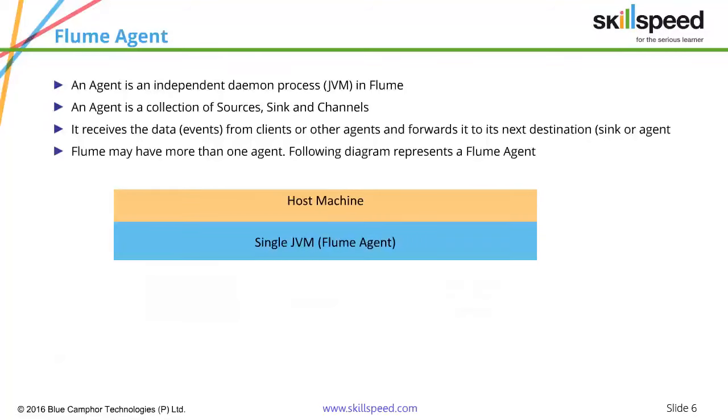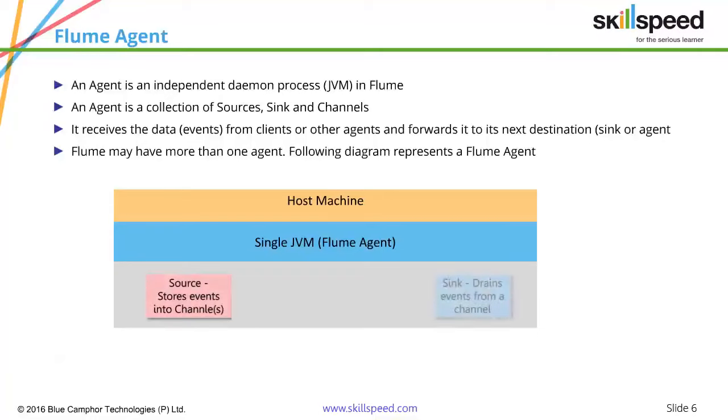So what happens is that if you want to run Flume, then you must configure an agent, because an agent is ultimately the daemon which will be running and doing the work for you. So the agent can be configured by editing a text file. It is very simple to create an agent, and an agent always has a source, sink, and channel.